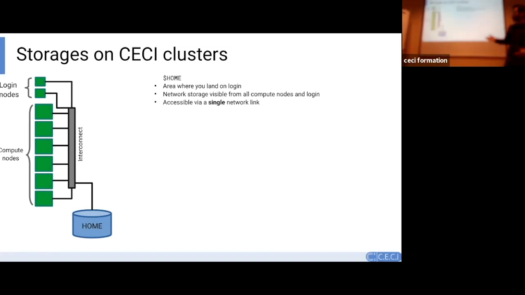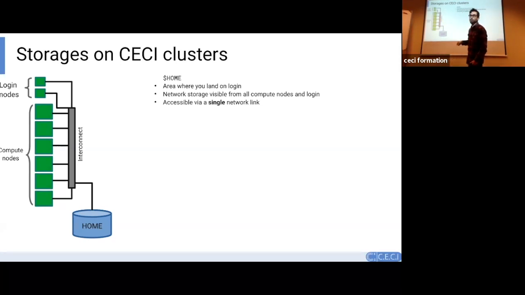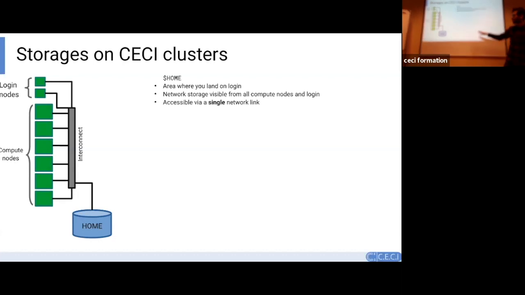So imagine that if you have 2,000 cores that are potentially writing data at the same time, and you did that all together via a single network uplink to this kind of NFS solution, it would be saturated.